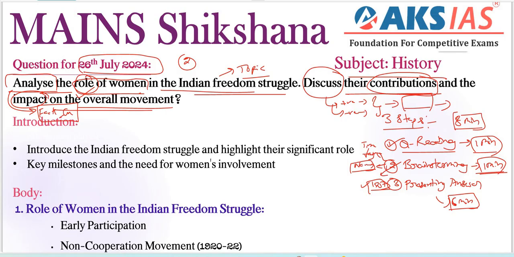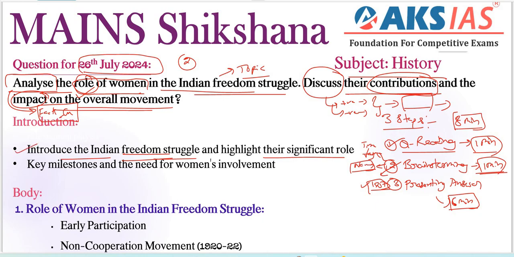So let's start our approach here. First, in the introduction part, we need to introduce the Indian freedom struggle and highlight the significant role of women, right? We have already seen so many active participations from various sections of society in the Indian freedom struggle. In this, women played a crucial and transformative role, right?